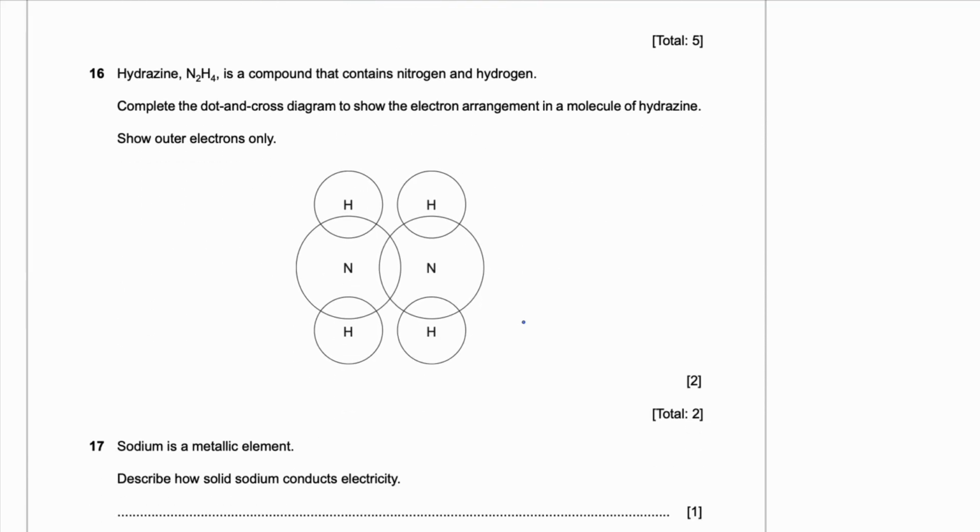Next question, question 16. Hydrazine, N2H4, is a compound that contains nitrogen and hydrogen. Complete the dot and cross diagram to show the electron arrangement in a molecule of hydrazine. Show outer electrons only. He didn't give us any structure here in this question, but you have to check the periodic table and look how many outer shell electrons nitrogen possesses. Nitrogen has 5 outer shell electrons.